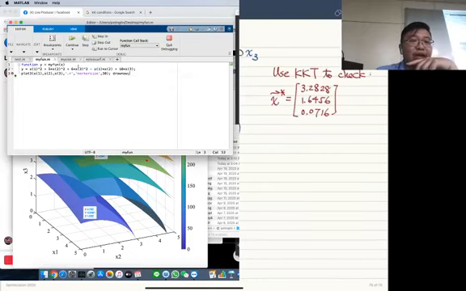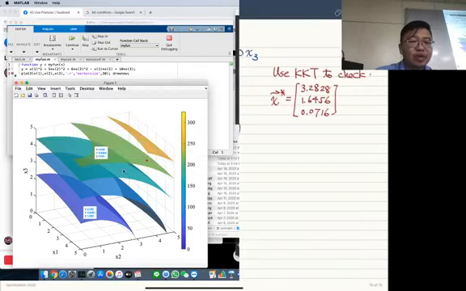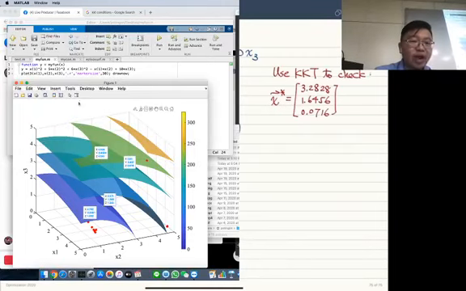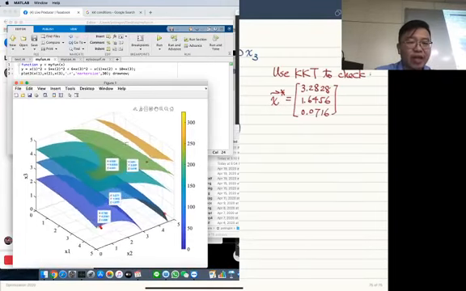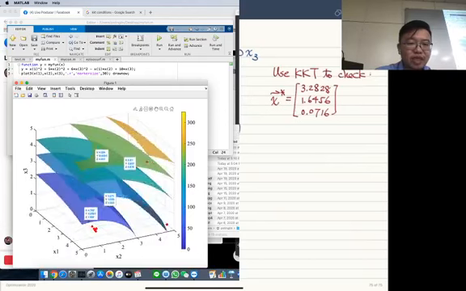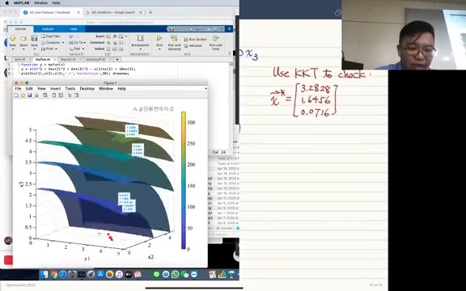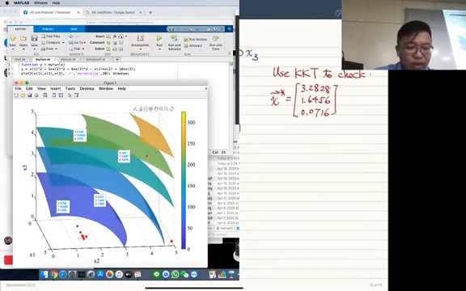Okay, and then let's continue. Step, then step. Okay? Let's continue to try. So anyway, MATLAB tried several points until it kind of converged somewhere here.